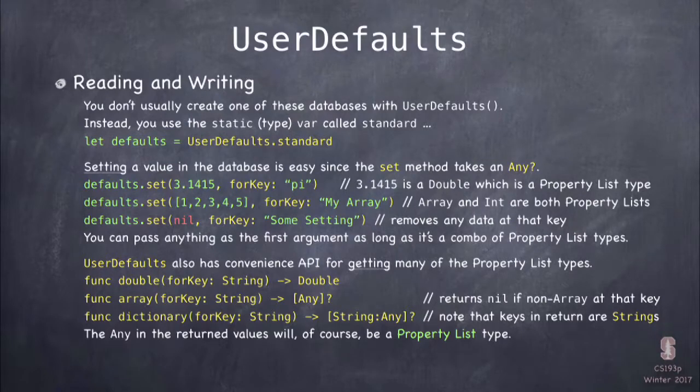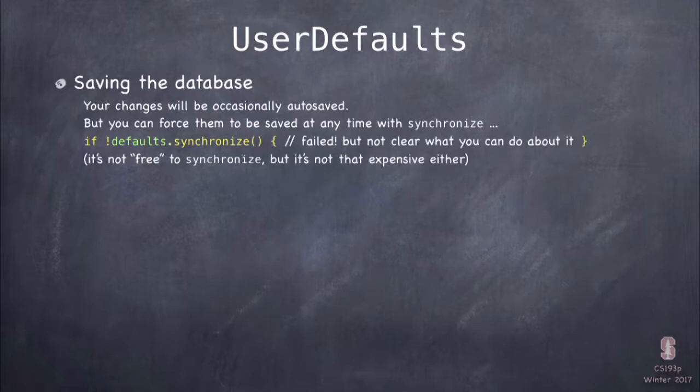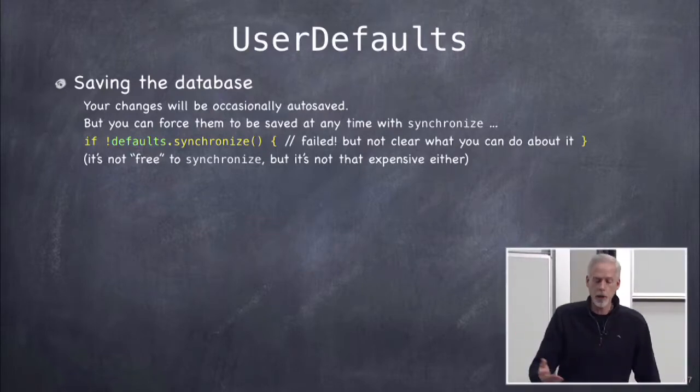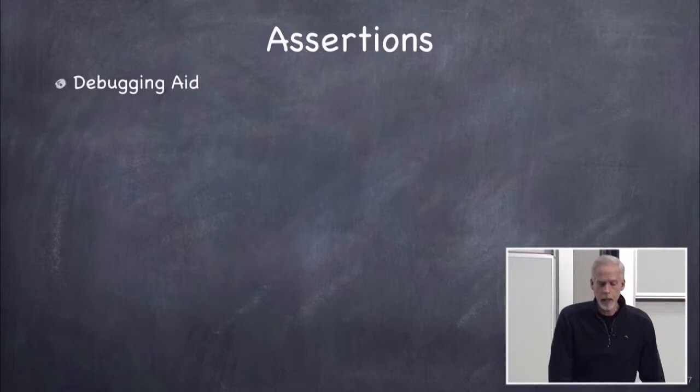You'd have to use object for key and then use as to turn it back into a dictionary with int keys. Okay? Saving the database auto-saves, so you don't actually have to save it. If you want to force it to save because you're worried that the auto-save might not happen, you're going to exit your program or something, you can use this method synchronize. It's called synchronize defaults. It'll synchronize it.